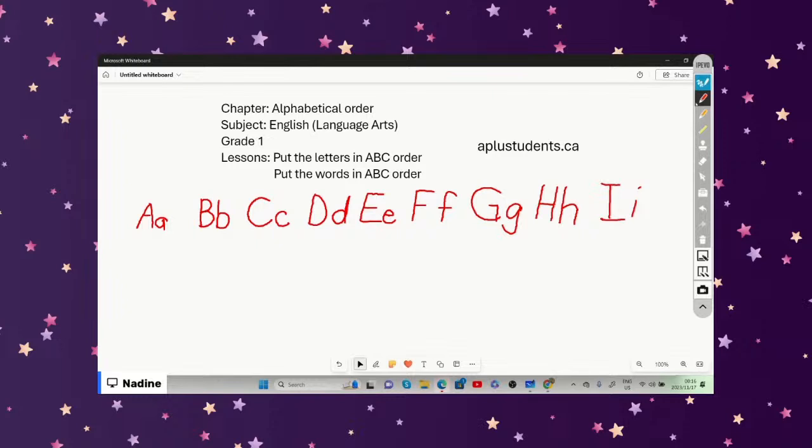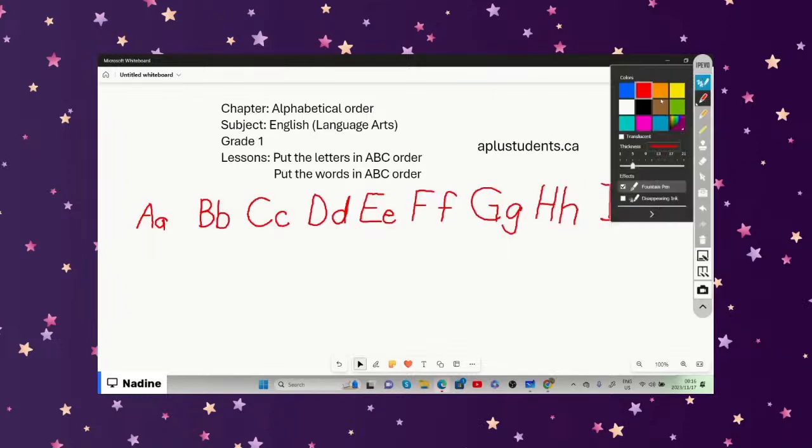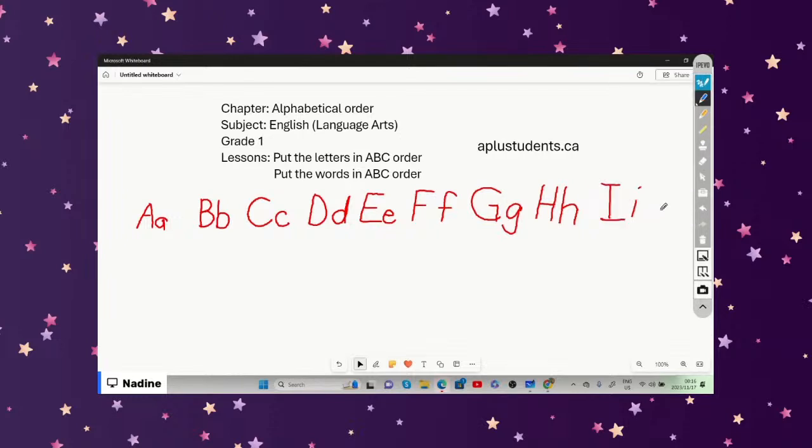If we look at the first letter, it's A. If we look at a specific word, we're going to look at words that match the letters. So a word starting with the letter A is apple.